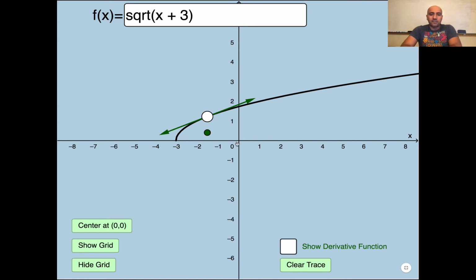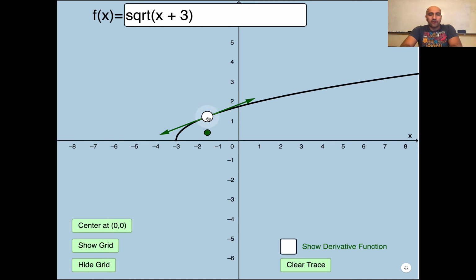It's our standard square root function that's been shifted to the left by 3 units, if you remember your section on transformations. Okay, so at this point here, the tangent line is this green one, and we can see it's got a positive slope. That's what this little dot here represents. It's the value of the slope of the line tangent at this point.